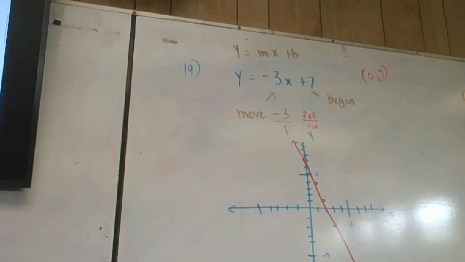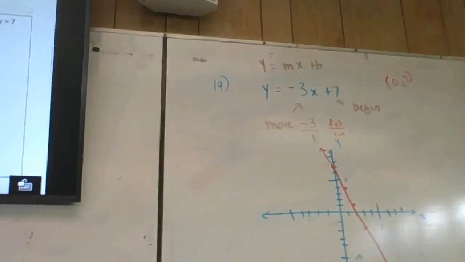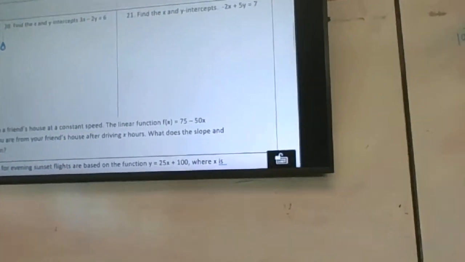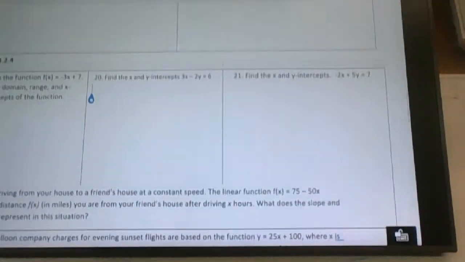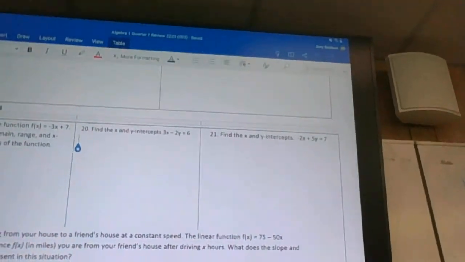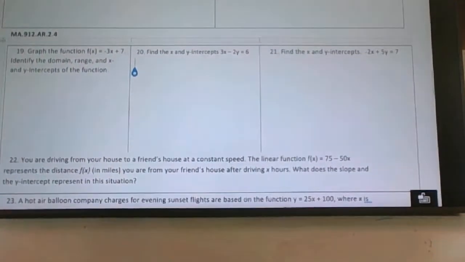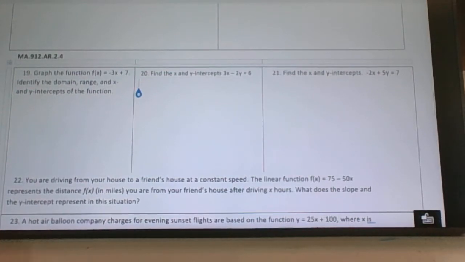All right, who's got questions on 19? So it says something about domain and range. Let's talk about that. Anybody think they can figure out the domain and range? Domain is x values, range is y values. So domain would be... Becca?